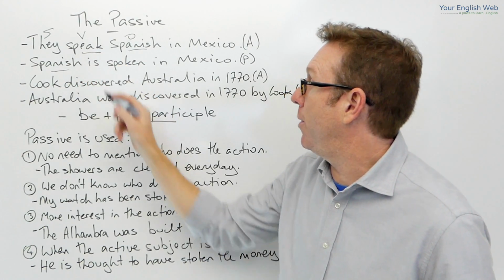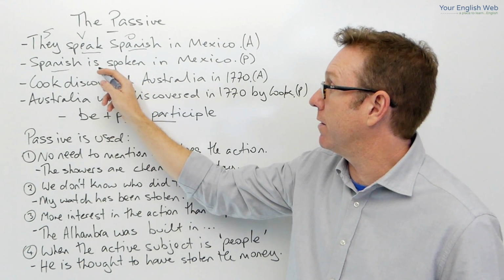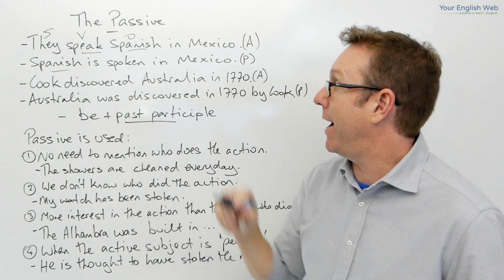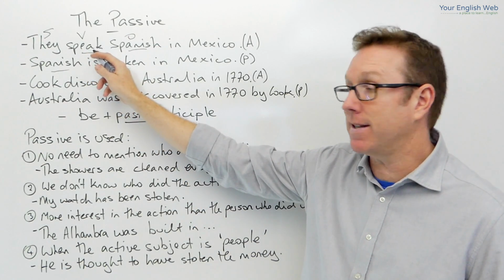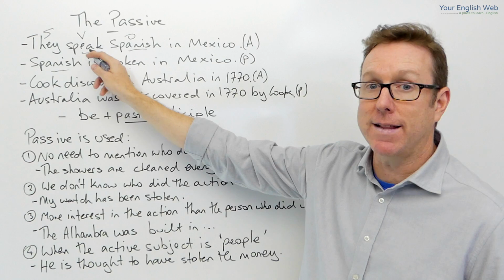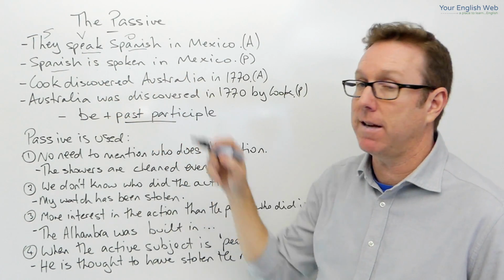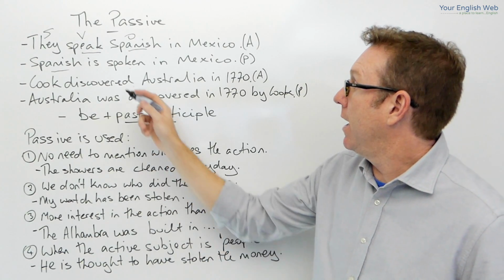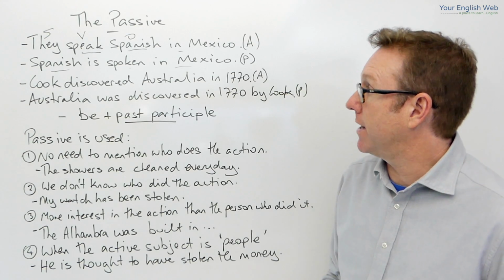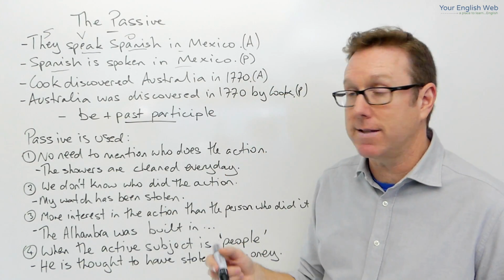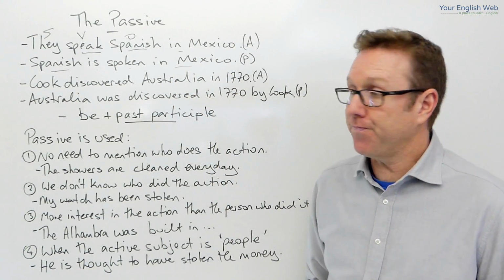The verb is turned into a passive structure by using the verb to be and the past participle. In this case, it is a present simple tense, so we use a present simple passive structure, okay? And basically that's all we do. The rest stays exactly the same. So the passive structure is: Spanish is spoken in Mexico.